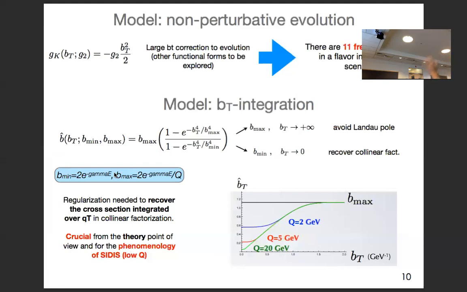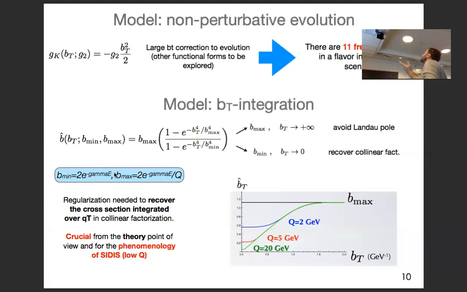This is a possible choice and was the original choice of the CSS formalism as well, with the b-star prescription and the b max fixed. But you don't want to go to lower values of b as well, because lower values of b means high values of t, and resummation and TMD factorization is not valid anymore when you have high values of t, so the lower values of b.